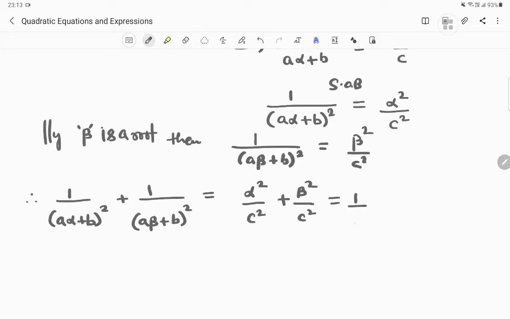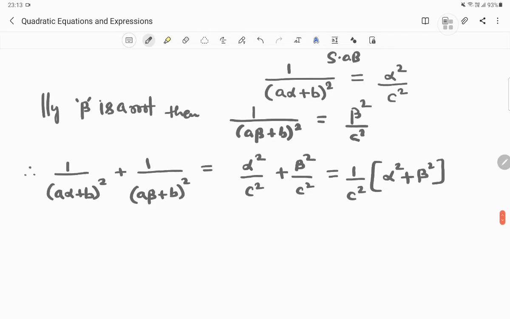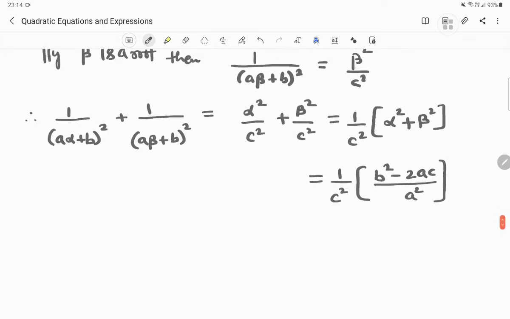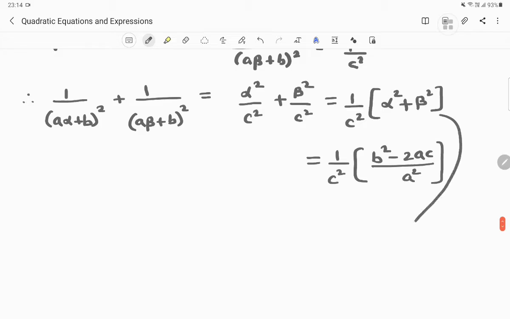It is equal to 1 by c square into (alpha square plus beta square). Just now we discussed the alpha square plus beta square value. So once again you recollect, 1 by c square into (alpha square plus beta square) value is (b square minus 2ac) divided by a square. Suppose if you do not remember, just I will give it: alpha plus beta whole square minus 2 alpha beta.